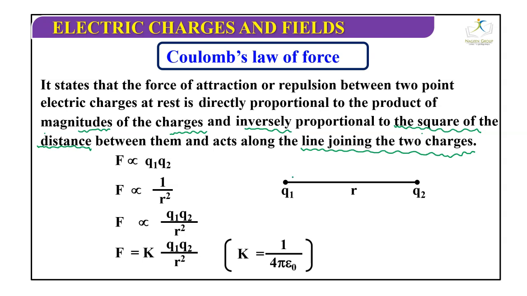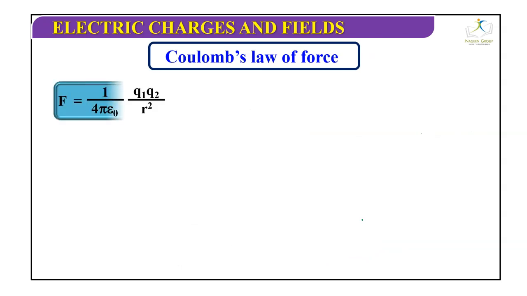Earlier we saw the value of epsilon naught, which is 8.85 times 10 to the power minus 12. We can calculate its unit, which will be Coulomb square per Newton meter square. So 1 by 4 pi epsilon naught q1 q2 by r square is the value of F.